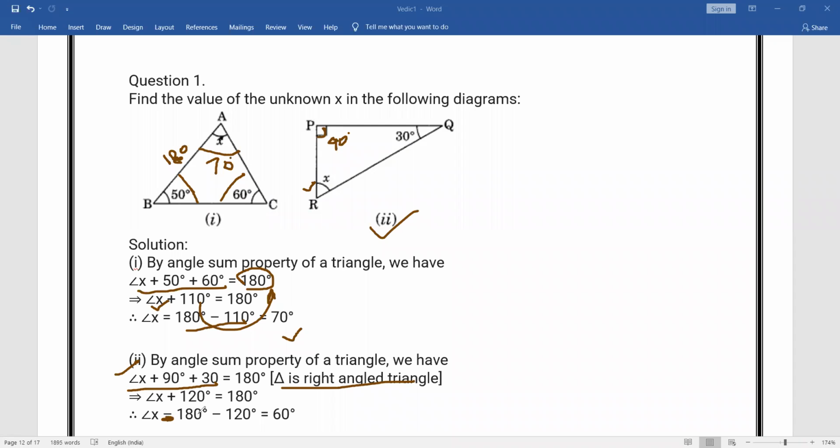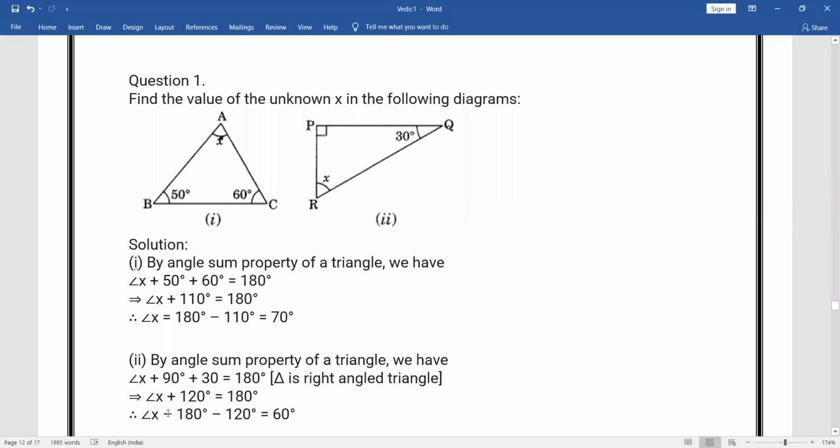It is equal to 180 minus X. Then 120 will change its position. We will subtract: 180 minus 120, and the result is 60 degrees. So what is the unknown value here? The unknown value is 60 degrees. So here the value of X is 60 degrees.